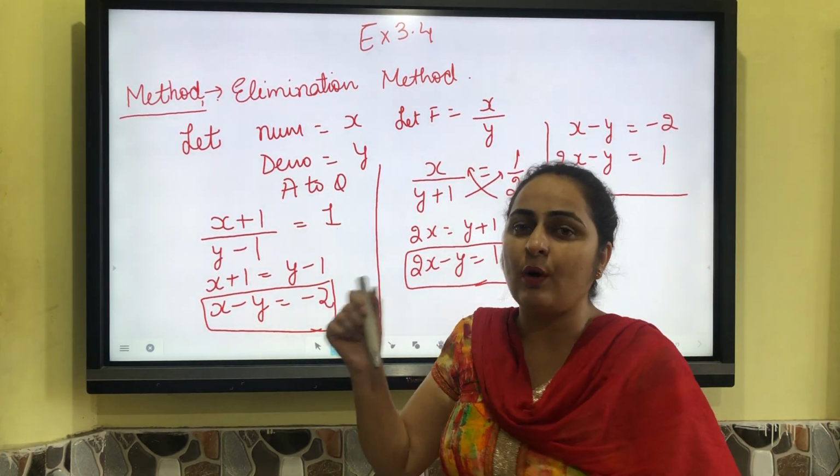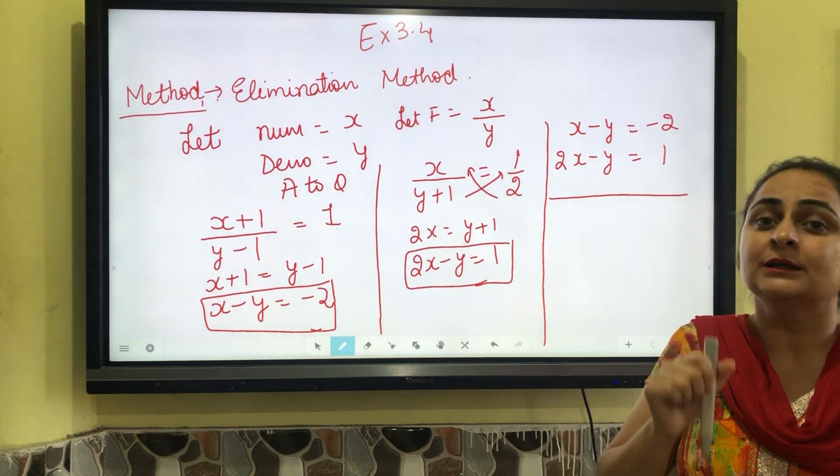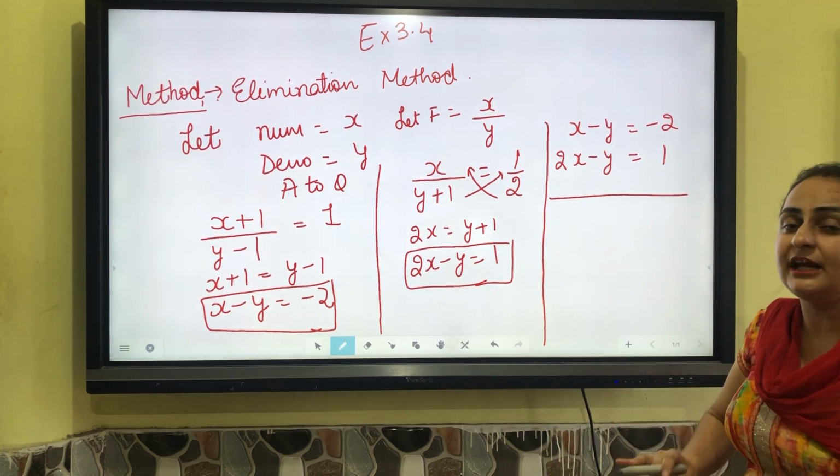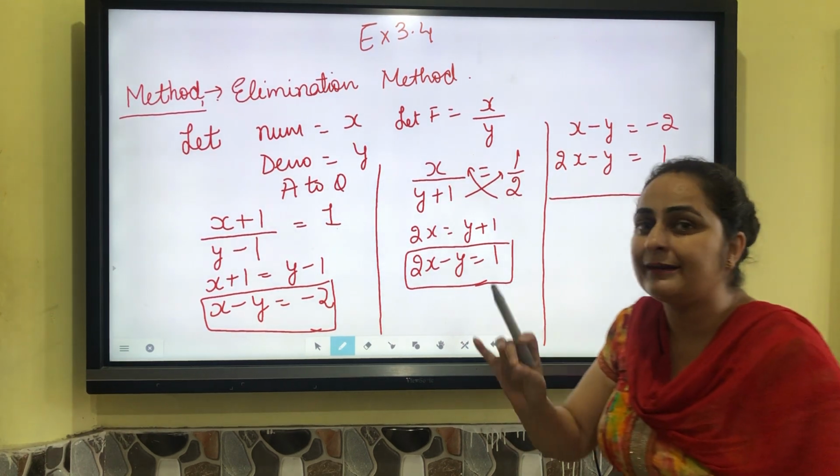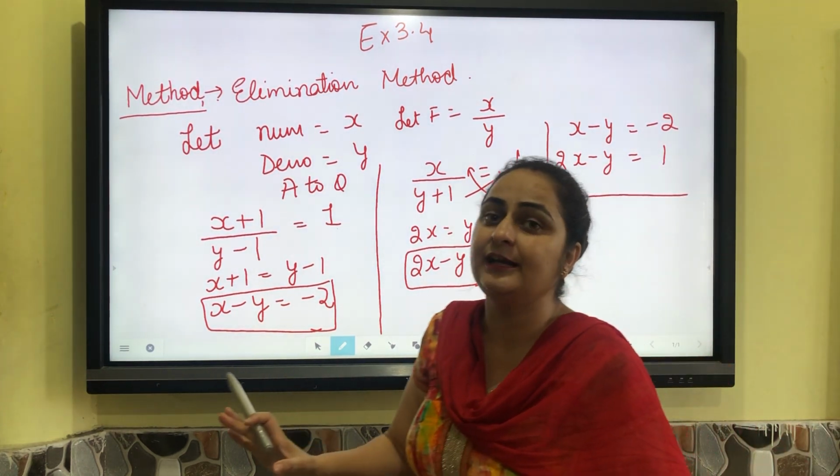In this case, the coefficient of y is equal, so we don't need to multiply with any number. If coefficients are already equal, we don't need to multiply.